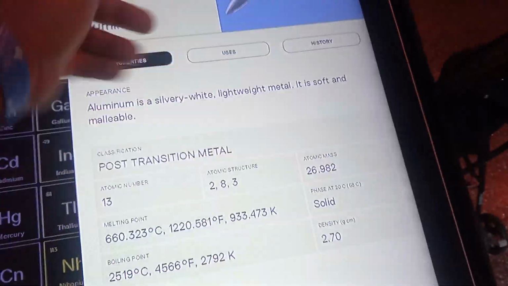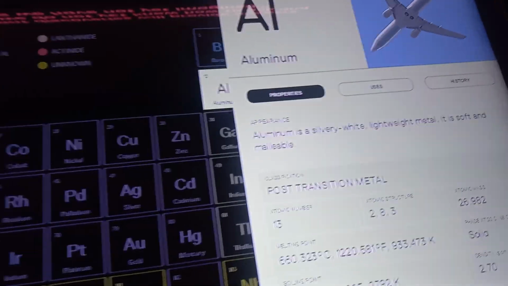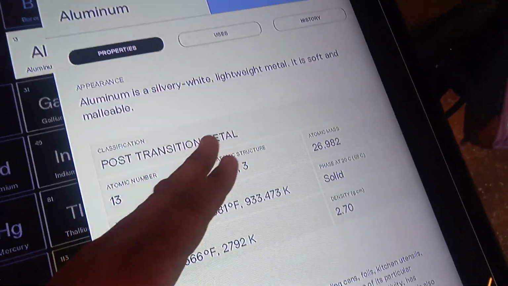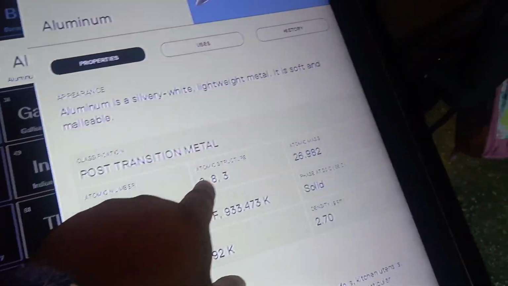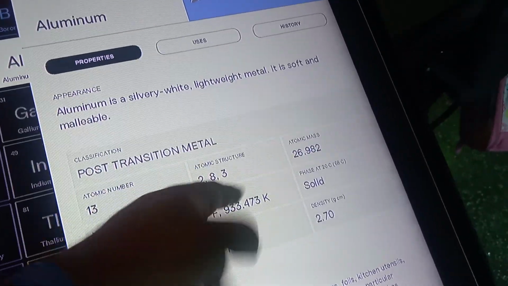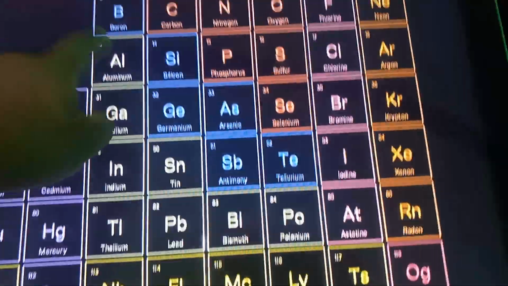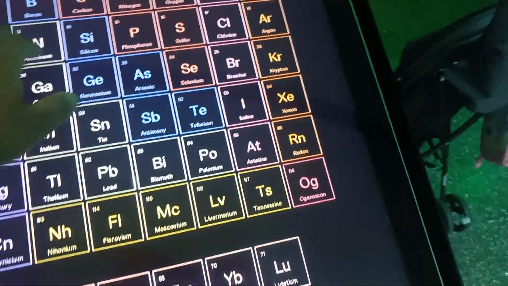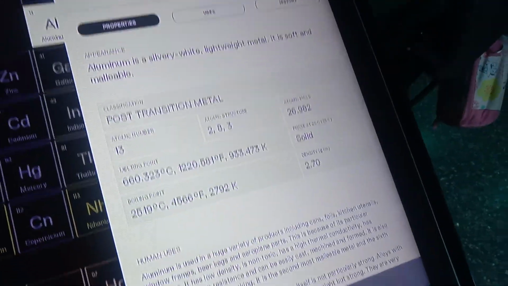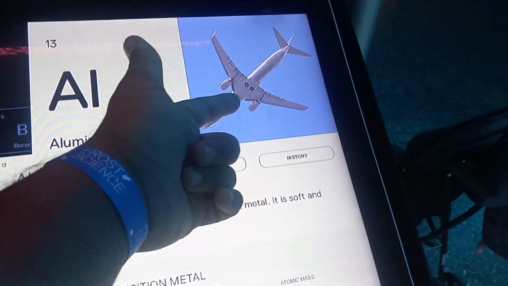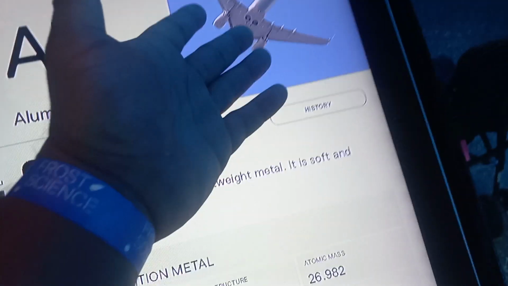So 2 plus 8 is 10, plus 3 is 13. That's how it works. Each shell has its own rules, but the outermost shell is always 8, the innermost shell is always 2, and the second one is also always 8. As long as you fill it up using all those rules, whatever's left over, you're going to get the electron dot diagram.